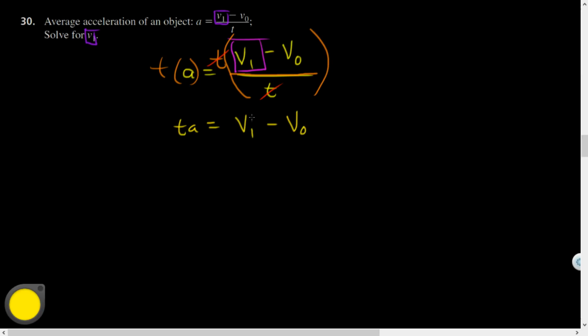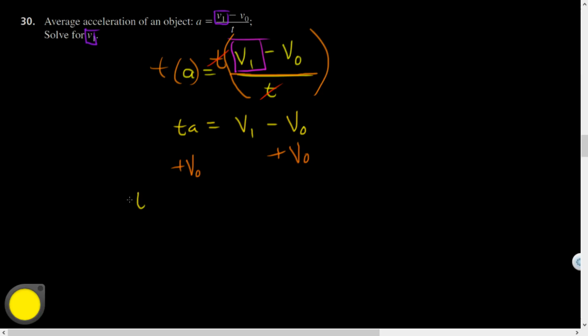And I'm solving for v sub 1. That means I'm just pretending this says like minus 2 or something like that, right? I'm just pretending that's a number. How could I move v sub 0? Add them, right? Add v sub 0 to both sides.